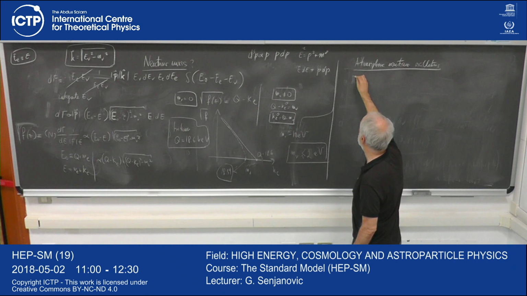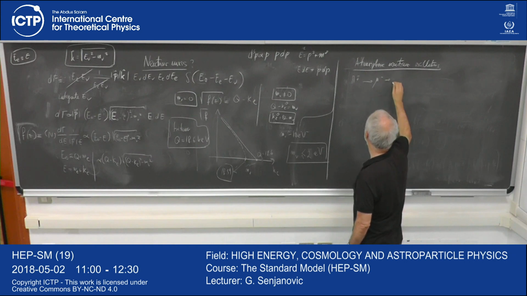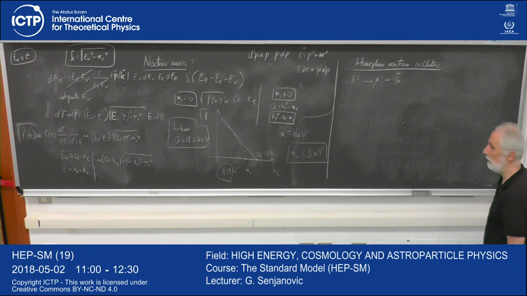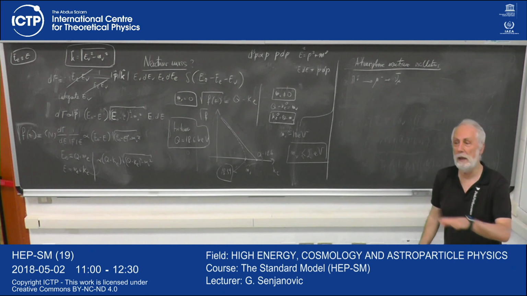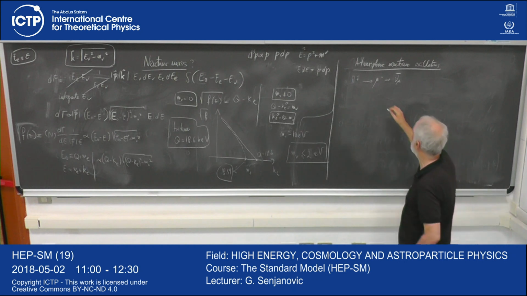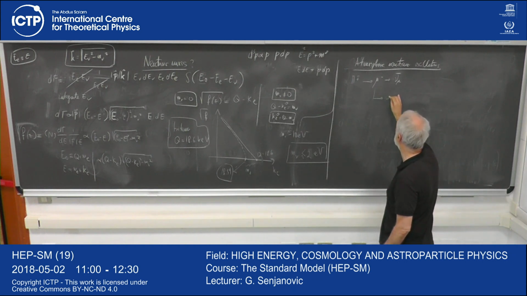So I may get π minus or π plus, and that decays into μ minus plus ν_μ bar. It practically does not decay into an electron. This you knew, right? There is a mass suppression. This, of course, decays into the electron, plus other neutrinos.